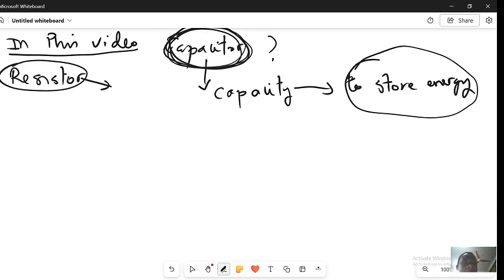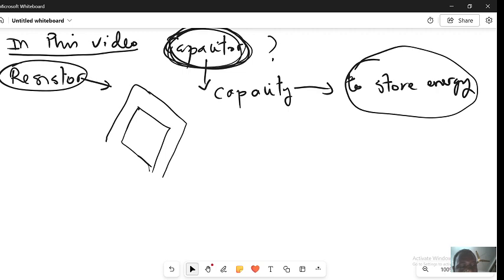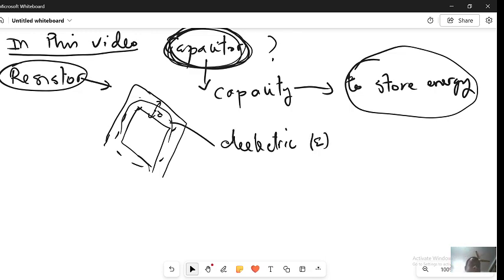Let's see how a capacitor is made. A capacitor is made of two plates, separated by a distance d, and this area has a dielectric material.